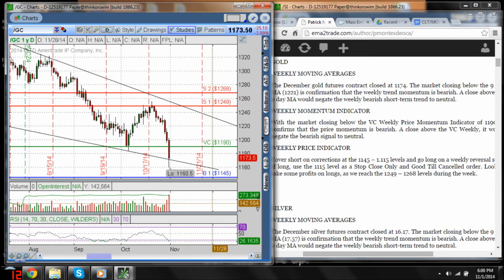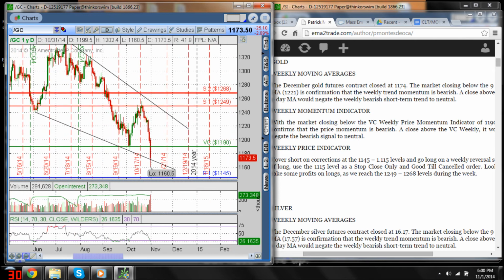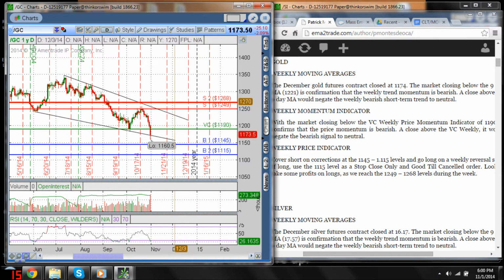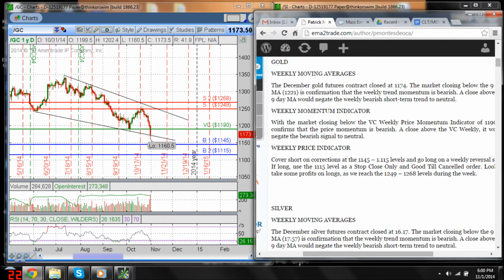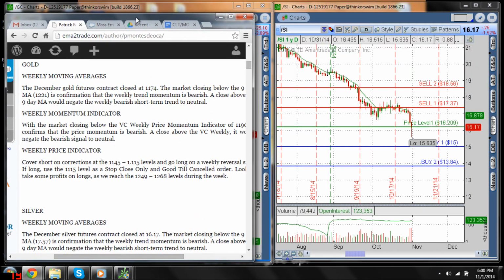If we break above 1268, then we have a target of about 1300 to test, and then see how the market reacts once we get up to 1300. I believe this is a clear level where the market is showing indication of major support being tested. Let's take a look at silver now and see what the algorithm is suggesting for next week.